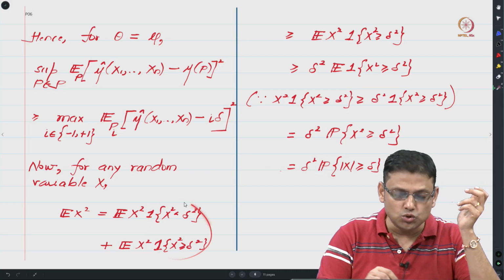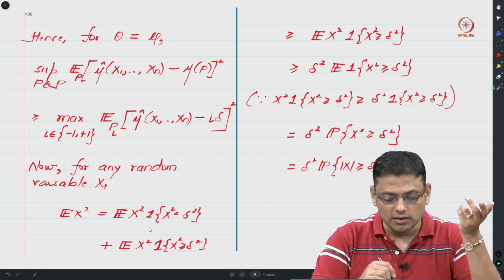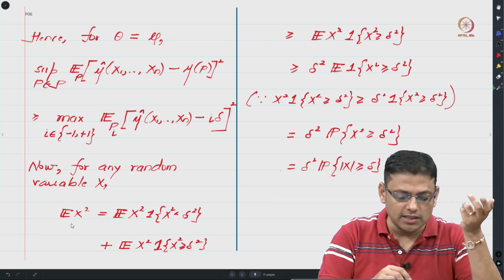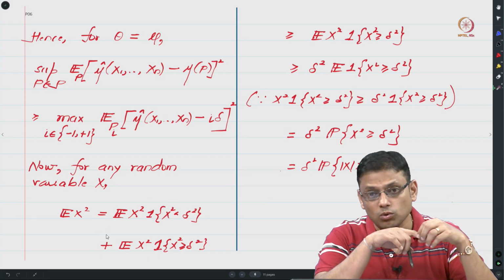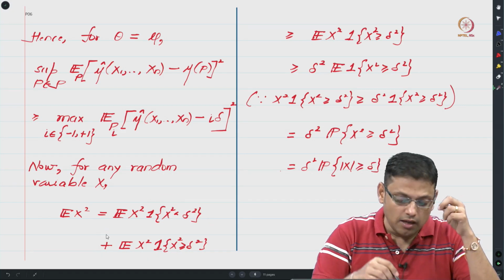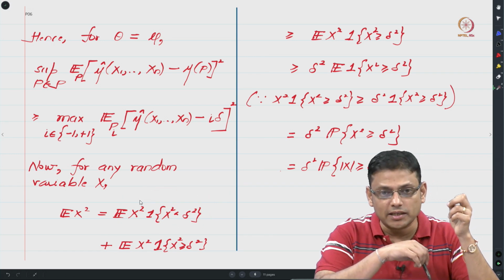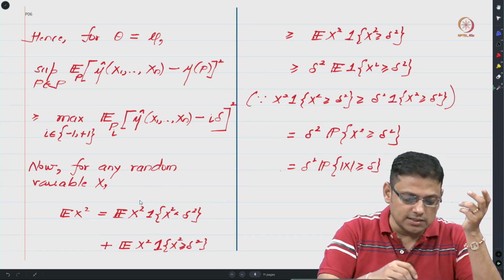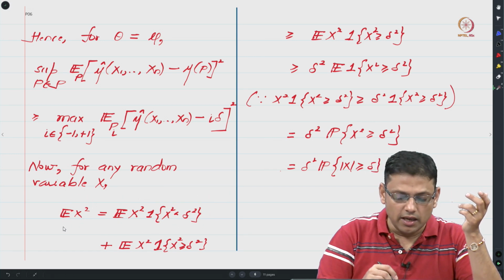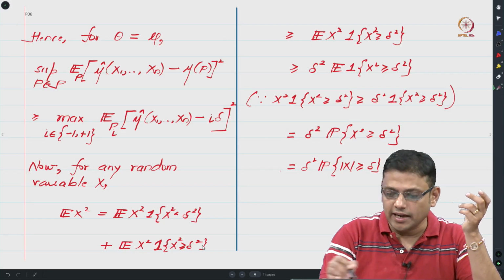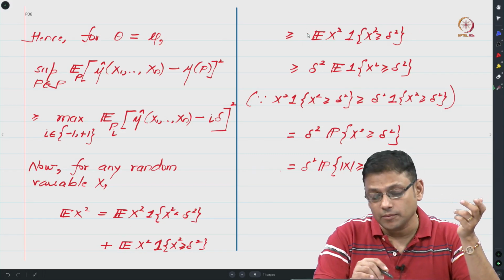Since these two indicators add up to 1, that fact can be used to show that this expectation is equal to the sum of these expectations. Now since we are working with squares, one can easily see that this expectation is non-negative, hence this expression is lower bounded by the second quantity, and that is what we have.